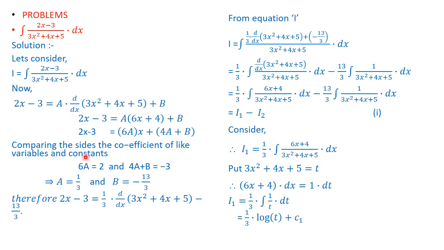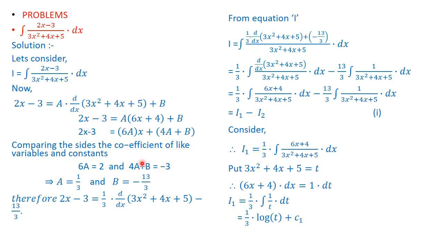Now comparing the coefficients of variables and constants. On either side we have 2 for x, so 2 is equal to 6a, and 4a plus b is equal to minus 3, since it is free from x.